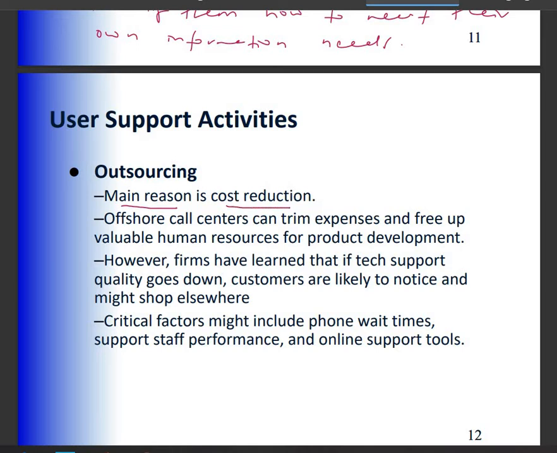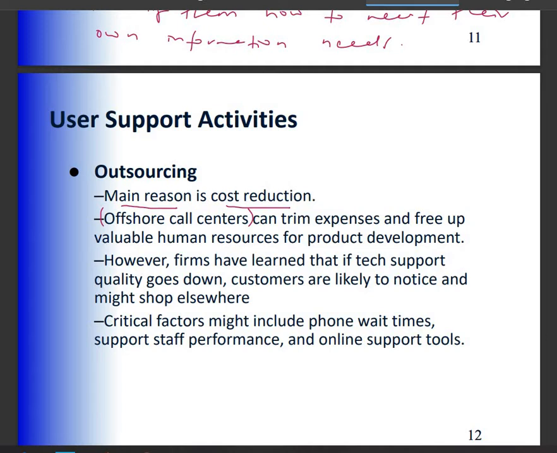Dan kita ada juga satu term yang dipanggil sebagai offshore call center. Apa itu offshore call center? Offshore call center ni bermaksud kita lokasi di Malaysia, tetapi kita punya call center itu berada di US ataupun kita punya call center itu berada di Singapore. Maksudnya call center kita berada di luar Malaysia.